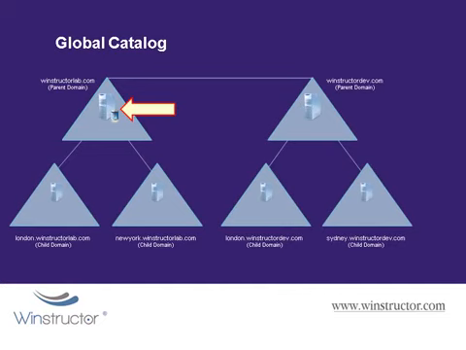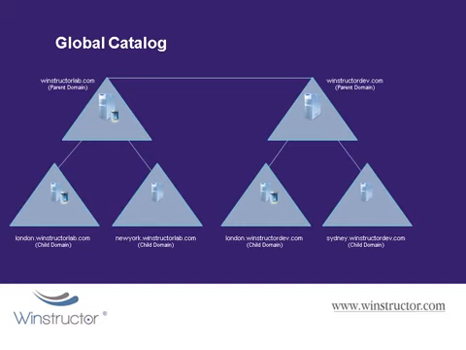However, when we start adding additional domains, the best practice is to only put the infrastructure master role on the same server as the global catalog server if every single domain controller in your domain is a global catalog server as well. The alternative is when you only have some domain controllers that are also global catalog servers, then you'll need to transfer the infrastructure master role to another server that isn't a global catalog server.